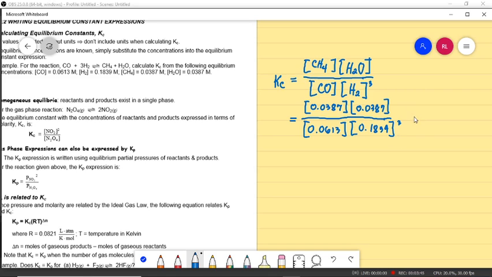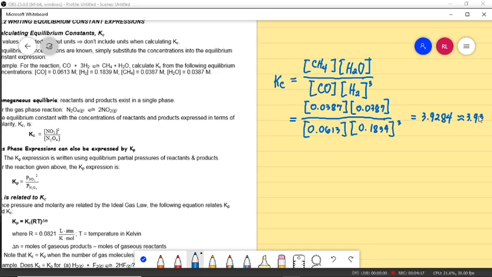Okay, so all you have to do is to use your scientific calculator. Don't forget to multiply this number 3 times because the exponent is 3. So using your calculator, you have this answer, and then we will round this off to 3 significant figures.